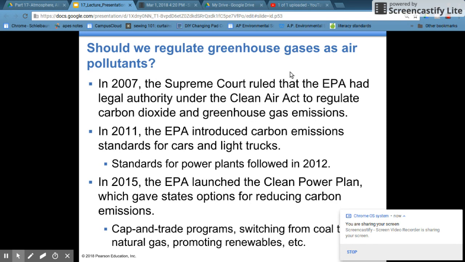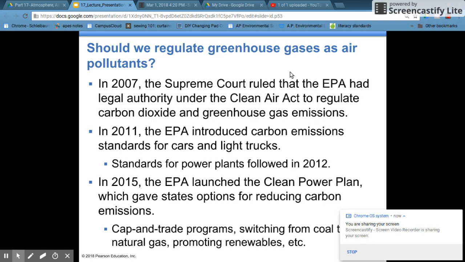We talked about this a little bit first semester, but remember, in a cap and trade program, whether it's on emissions or maybe even fishing limits, the cap means that there's a limit set for a particular emission. You can then trade your polluting rights with other companies if you would like.